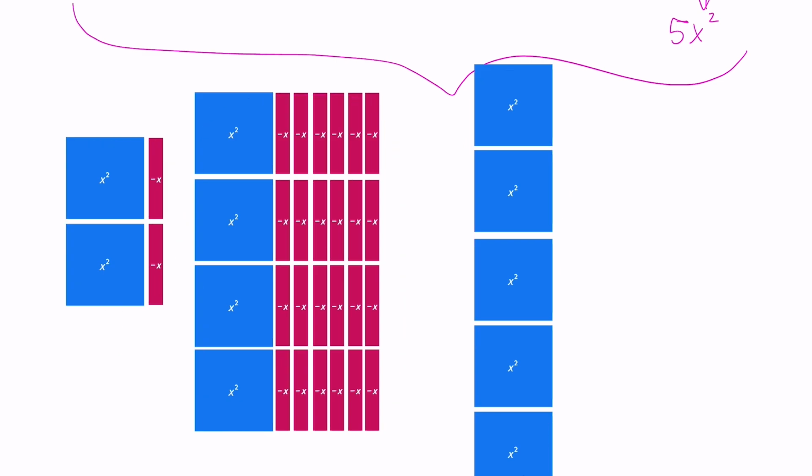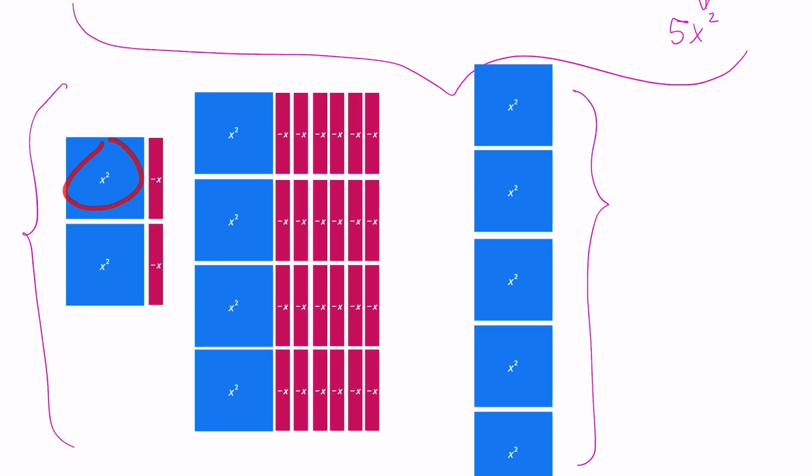So all I'm doing here is just counting how many of everything there are. That's the beauty of using algebra tiles. You're just counting how many total there are. So it looks like there's, again, 1, 2, 3, 4, 5, 6, 7, 8, 9, 10, 11 x squareds. So 11 x squareds. And then I'm counting all the negative x's I have. So 1, 2, so keep the 2.